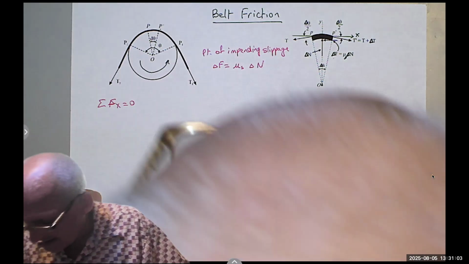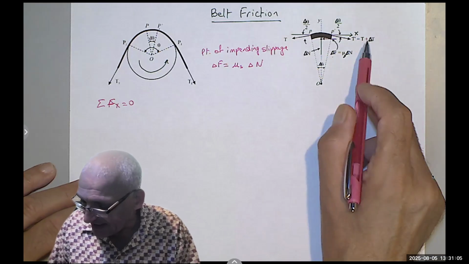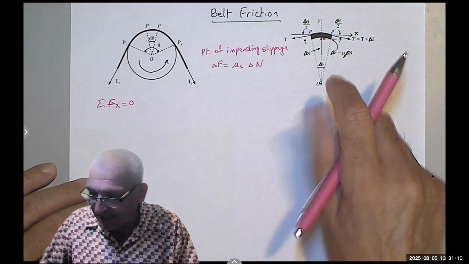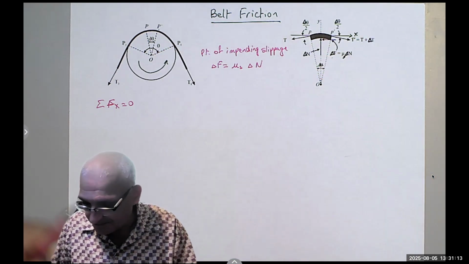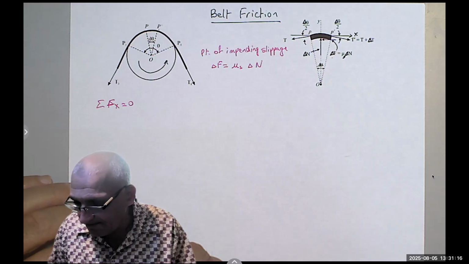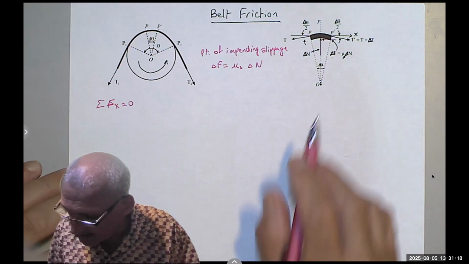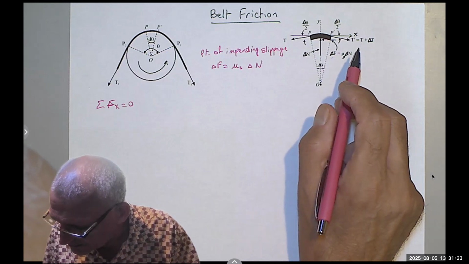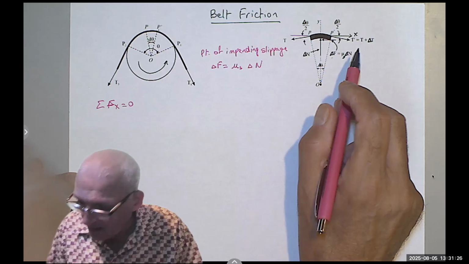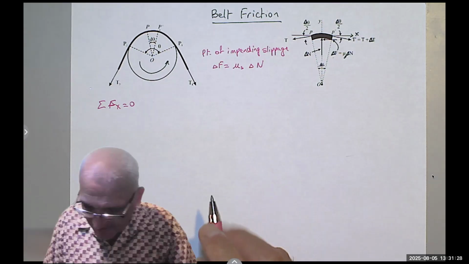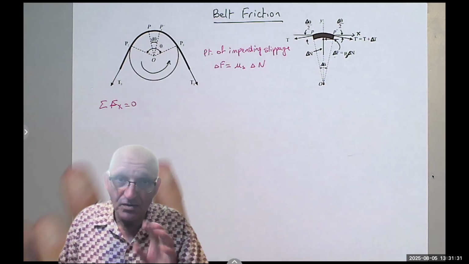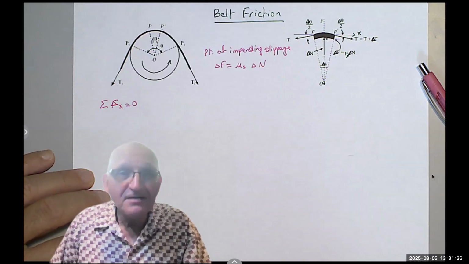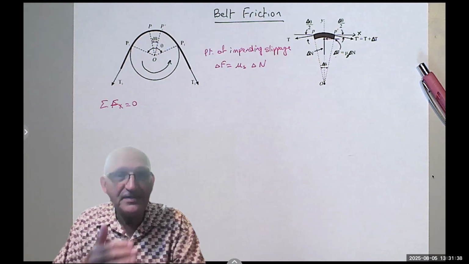Let's write in the x. This is the positive x. So I have T plus delta T. So notice that here is the pulley. This is important. When it turns like that, the belt wants to keep it from turning, right?